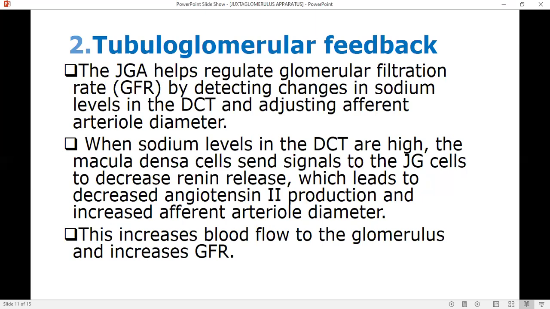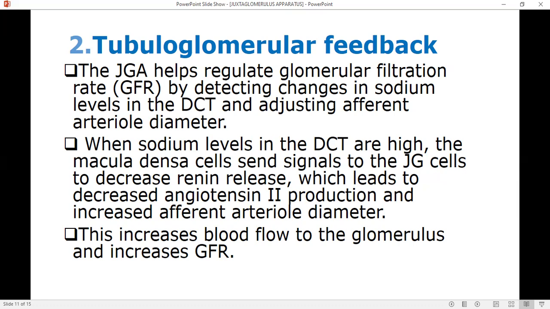Once angiotensin II is reduced, it means that there is vasodilation. Since angiotensin II is a vasoconstrictor, if its function is hindered, it will no longer constrict those blood vessels, meaning that the lumen will still be wide enough, and the afferent arteriole diameter increases. So this increases blood flow to the glomerulus and increases glomerular filtration rate.